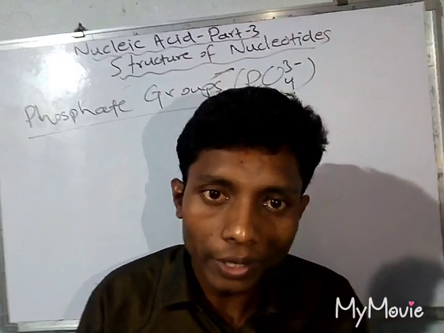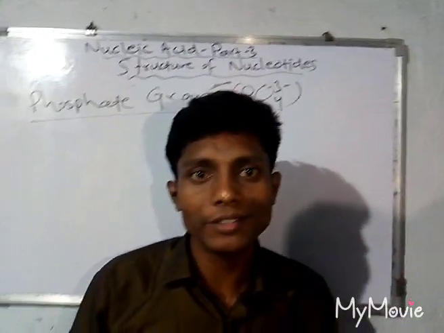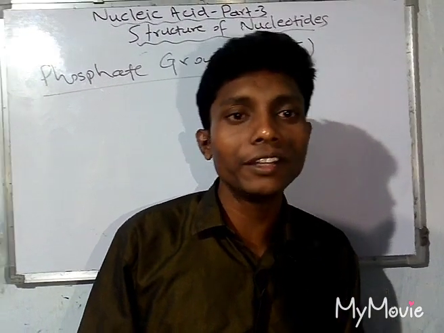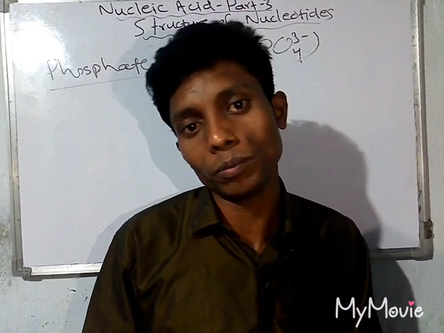You know the phosphoric acid, the general formula is H3PO4, and the phosphoric acid is present in nucleic acid in the form of phosphate groups.